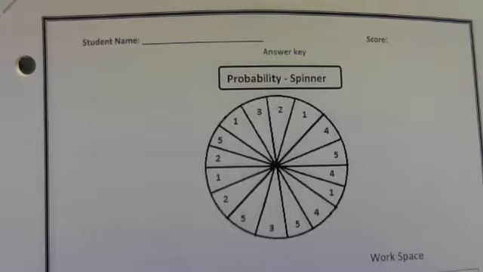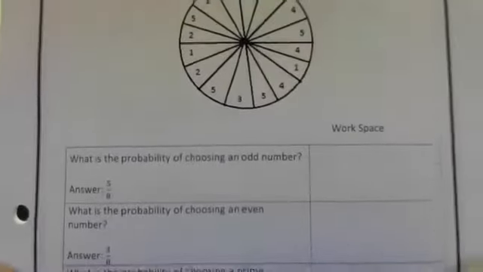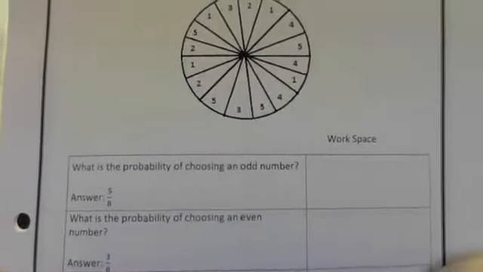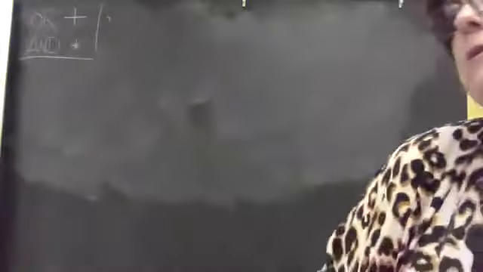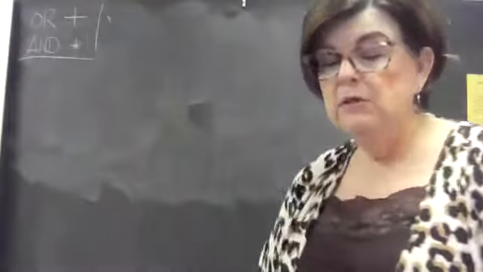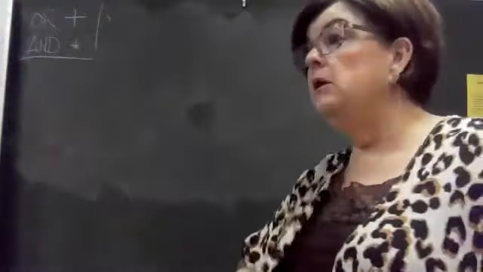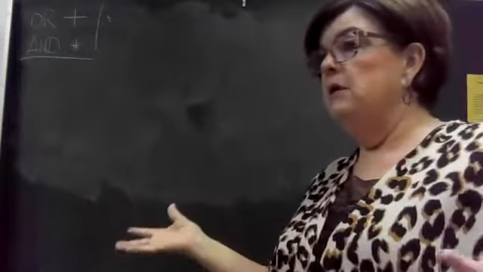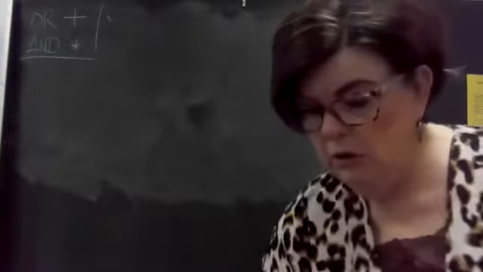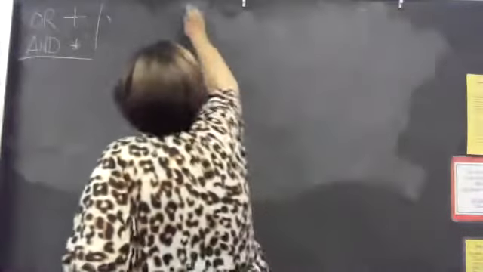Okay. We're going to do number 1. It says, what is the probability of choosing an odd number? Well, at first, some people that come into my class are mixed up on odd and even numbers, and that's okay. That's what we do. You know, I take care of everybody. So let's just put them up so you can look.